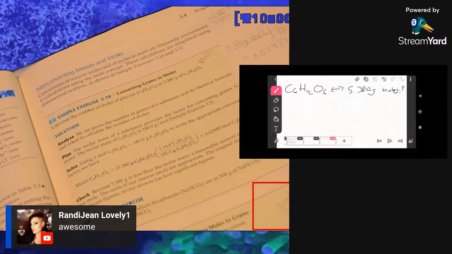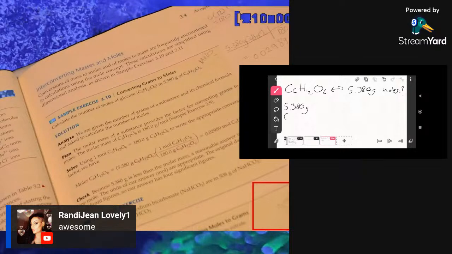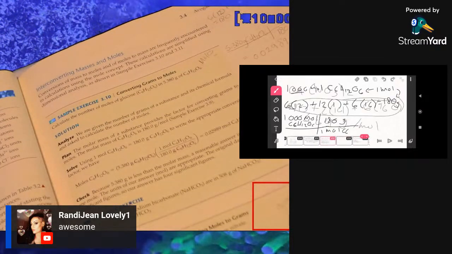All right. So let's go with what we know. So we got 5.380 grams of C6H12O6. All right. And what was it? 180.